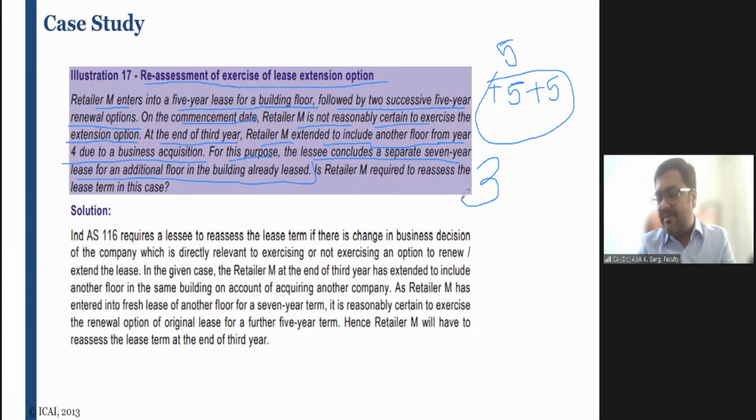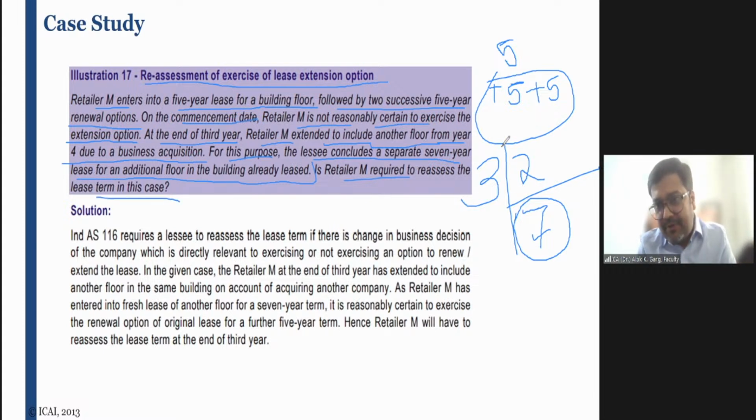So after 3 years, earlier the lessee was expecting to be in this building only for the next 2 years. But after 3 years, the lessee has entered into a lease for another floor for the next 7 years. Is retailer M required to reassess the lease term in this case?